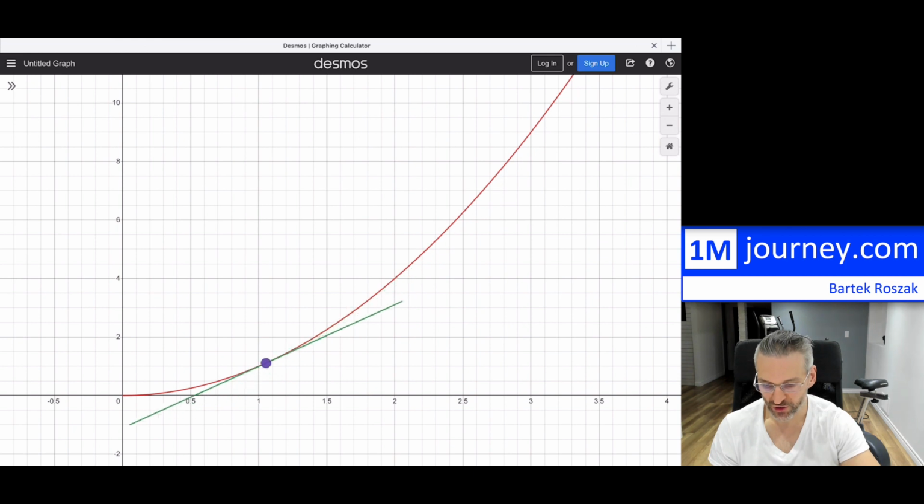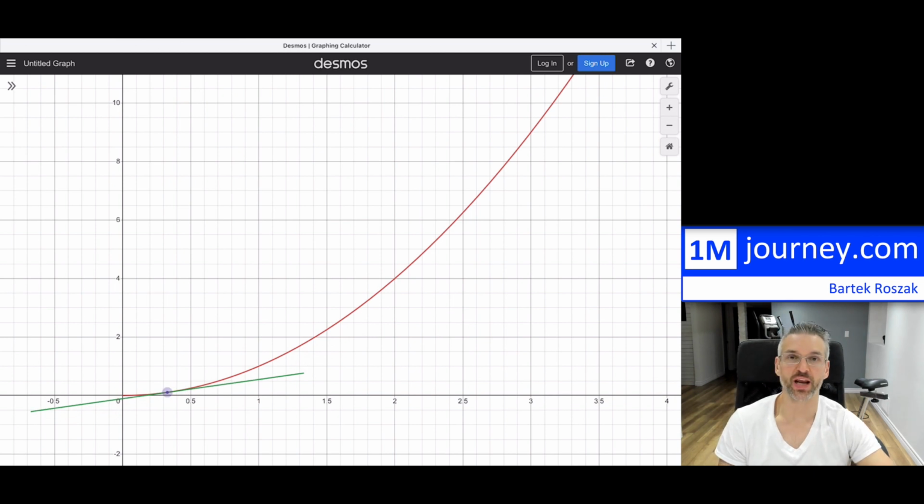So whenever you experience this in a position time graph, where the slope of the tangent changes, that means that there is acceleration. And notice that the slope is the velocity. It's actually the instantaneous velocity. So it's the speed at a particular point in time.